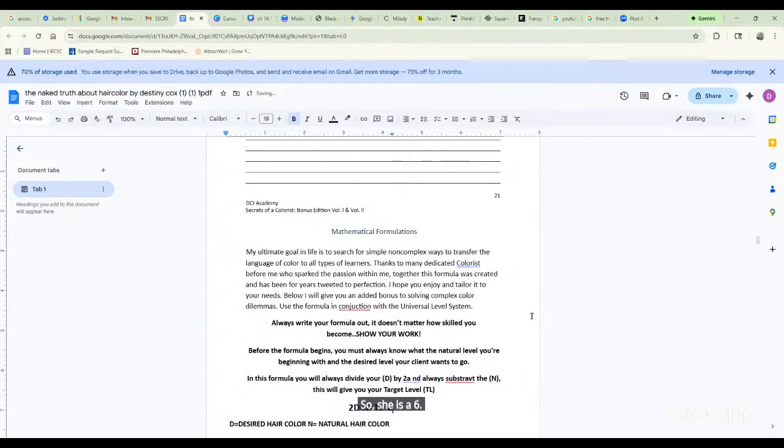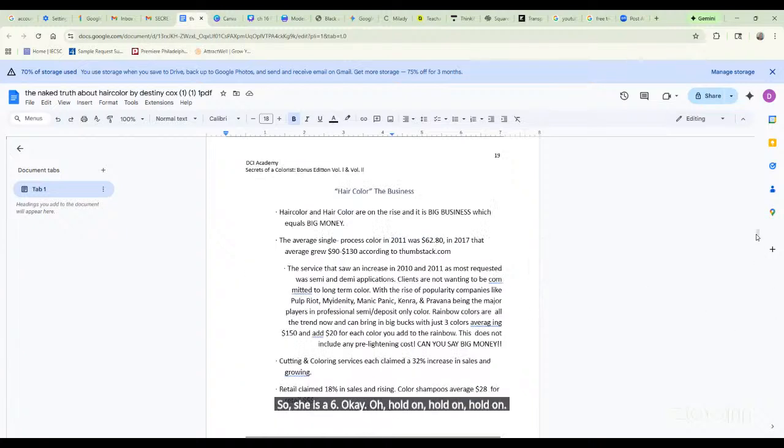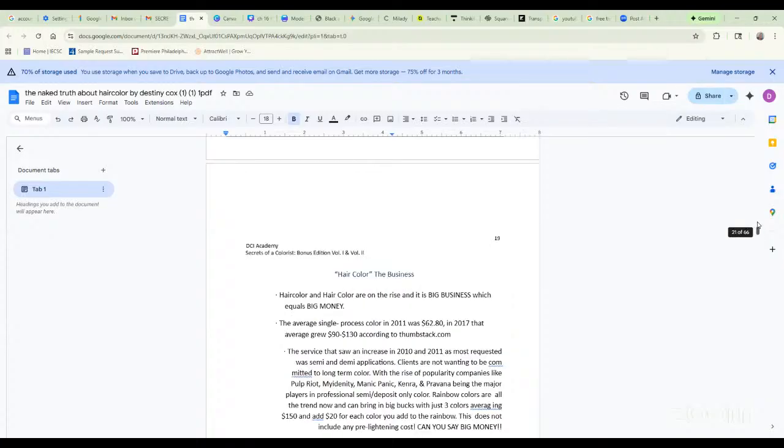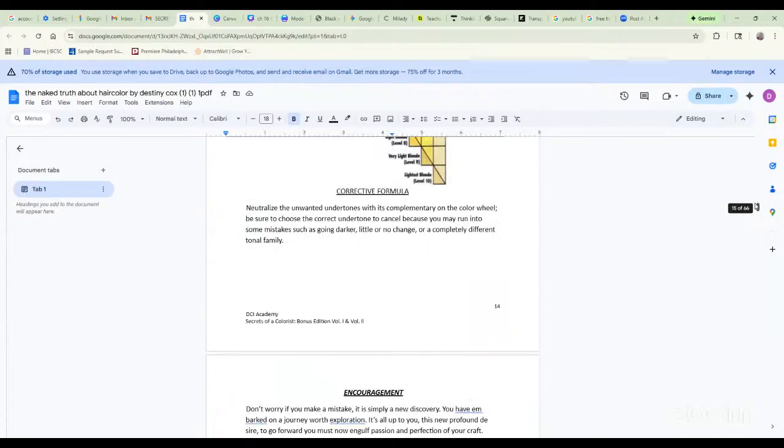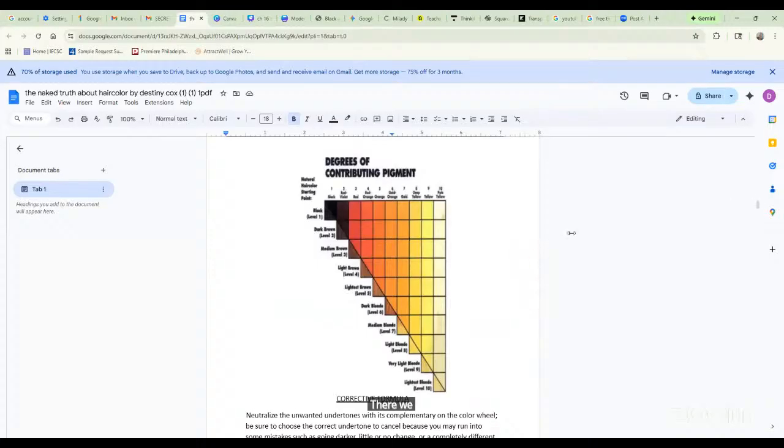Okay. So Ari is a 6 and she wants to be what? A level 9. Ooh, a 9. Okay. So Ari is a natural 6 who wants to be a 9. Let's write her formula.